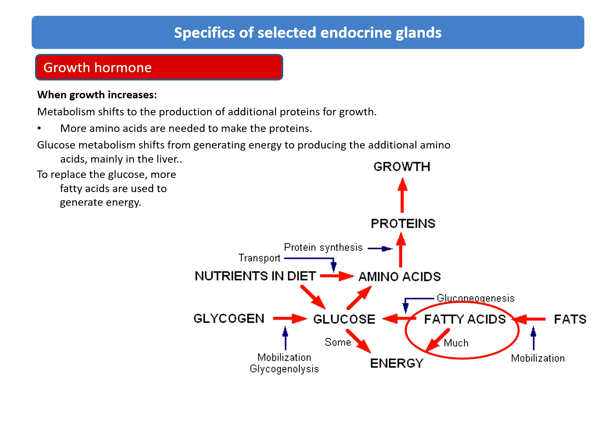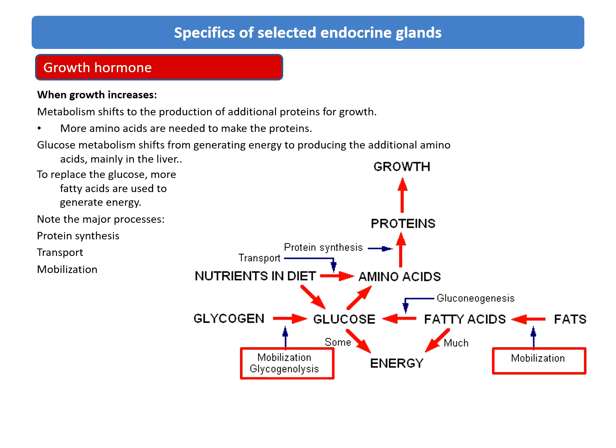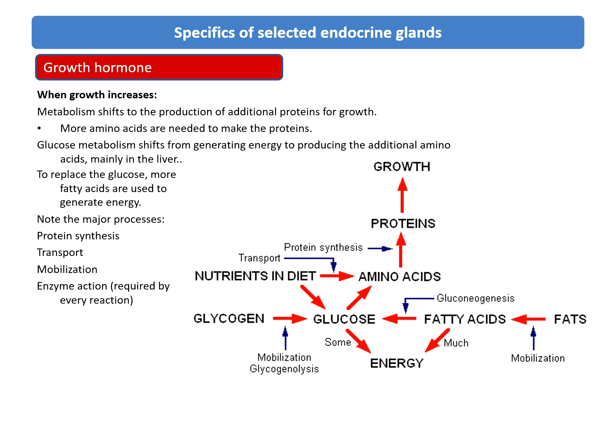To replace the glucose, more fatty acids are used to generate energy. Note the major processes: protein synthesis, transport, mobilization, that is, removal from storage, enzyme action. They all require enzyme action. This is an illustration of the complexity of hormone action.